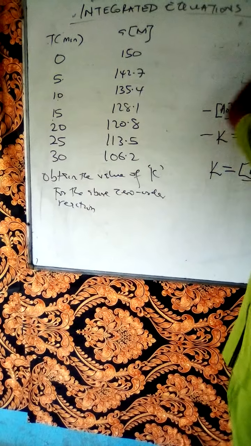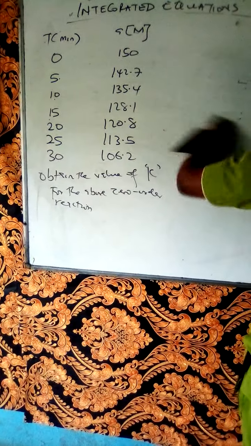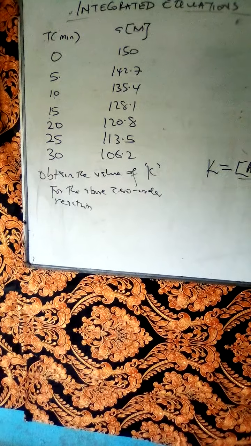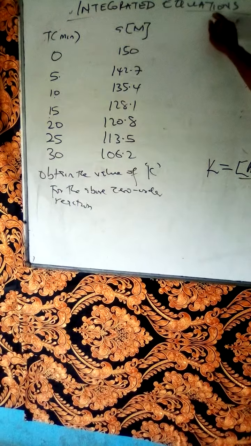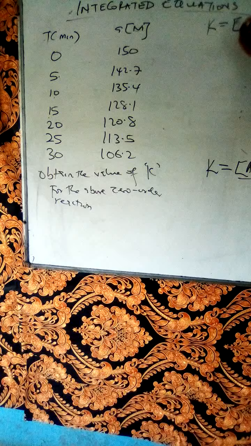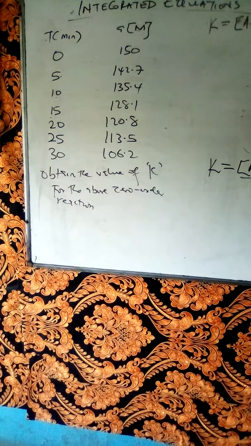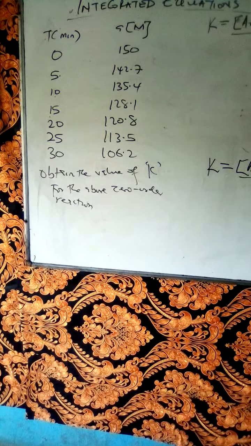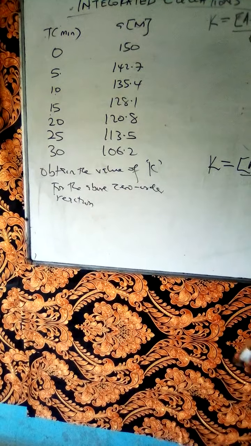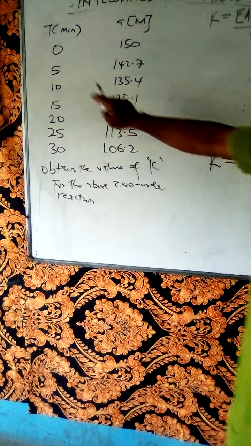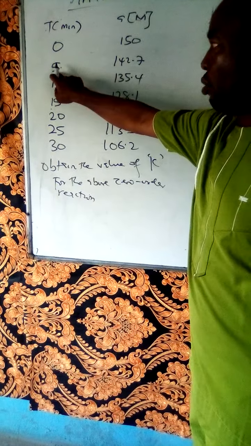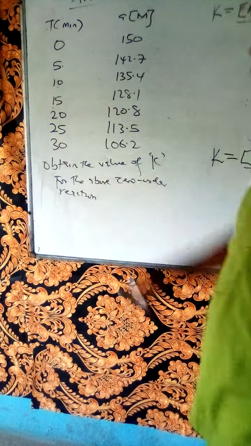So how do we go about it? We write the equation: k equals A0 minus At over time. Time is 0 here, so let's go to the second set. We use the second set when the time is not 0.